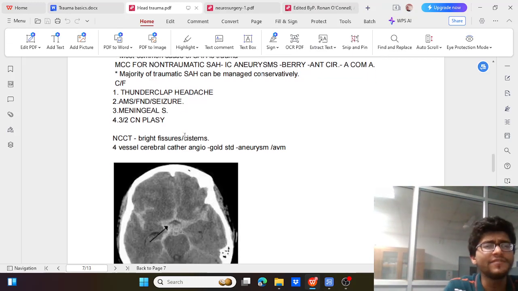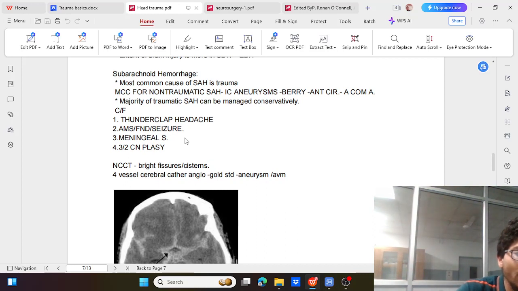Now coming to the clinical features, especially for the non-traumatic one. In trauma there will be headache due to injury, due to impact. But in non-traumatic, there will be a thunderclap headache. Thunderclap is like the worst headache of life. He has not felt more pain than that.